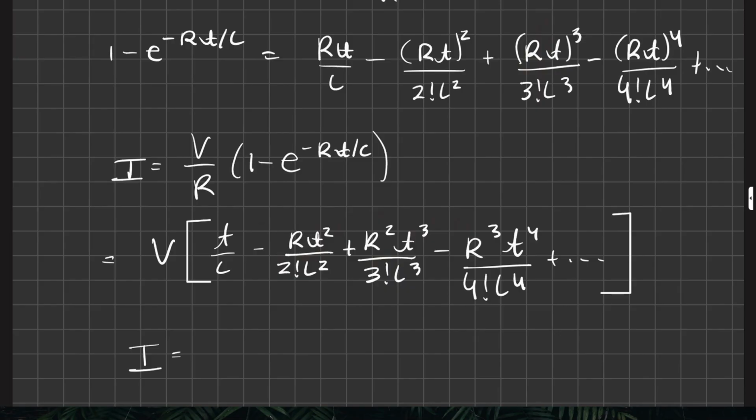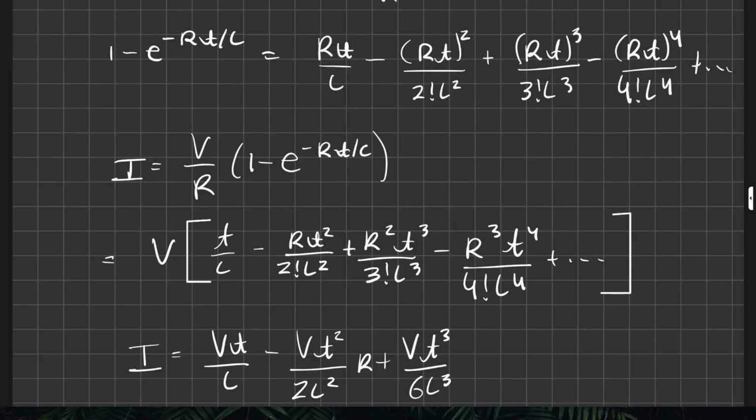So the Taylor series about R equals 0 is specifically given as I equals V t over L minus V t squared over 2L squared times R plus V t cubed over 6L cubed times R squared minus V t to the fourth over 24L to the fourth times R cubed, on and on and on.